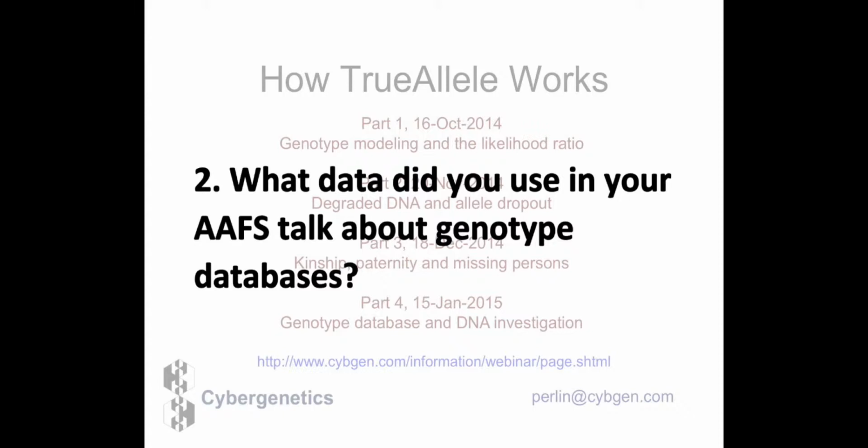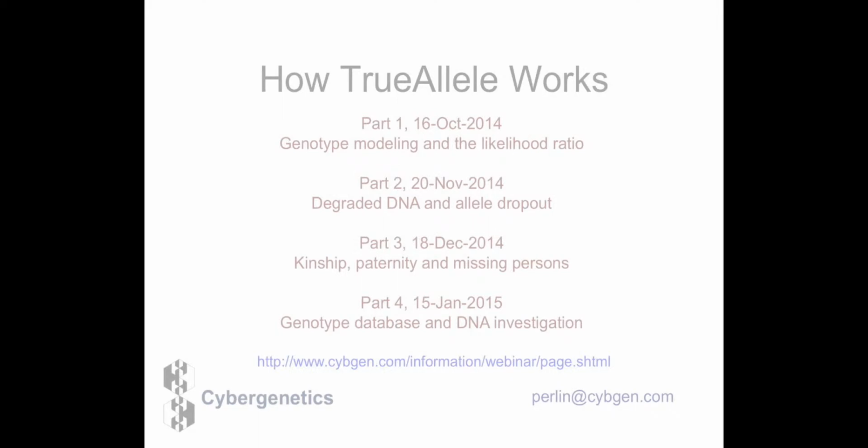We had manually scored that data at different thresholds, as well as analyzing it in TrueAllele, and that meant we could make database comparisons using different CODIS rules and identify what the information that was found, as well as particularly the error rates, the false hits, the false negatives, and so on.